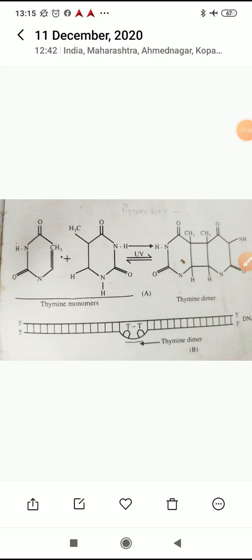In diaduct type of DNA damage, the alterations occur in more than one nitrogenous base of DNA. That is gross rearrangement of DNA, and it is called a diaduct DNA damage. For example, pyrimidine dimers are produced.